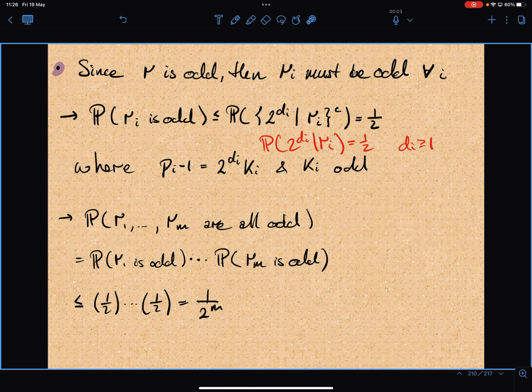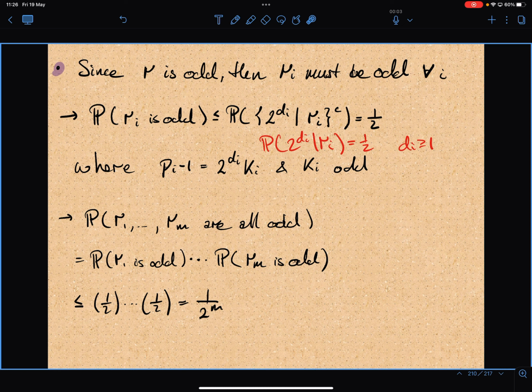So with probability greater than or equal to 1/2, ri is going to be even. If this is true, we know that ri is even. So for ri to be odd, this necessarily has to be false. So we can bound the probability of ri being odd by taking the complement of this, by negating this event.